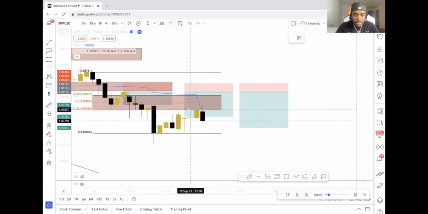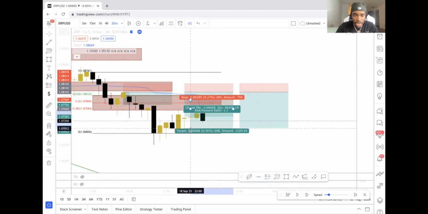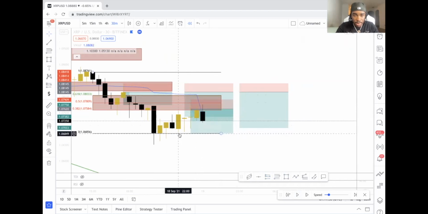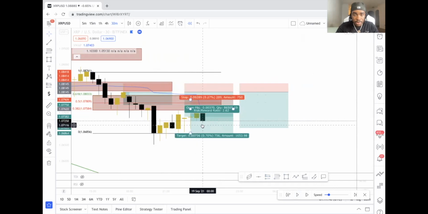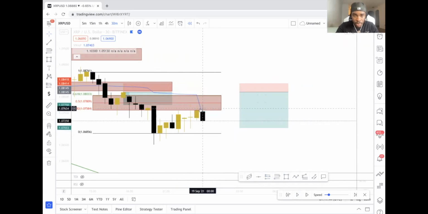Either you were an aggressive trader and you entered right here and put your stop loss above the wick and put your first TP at the bottom, at the 0 level, or you waited for this second candle to form right here and you entered.